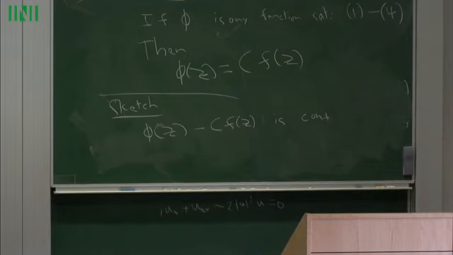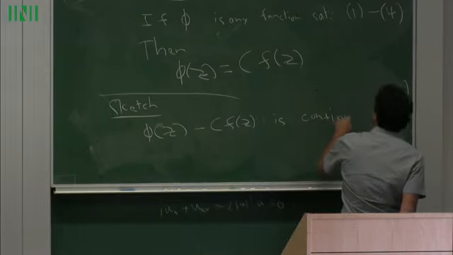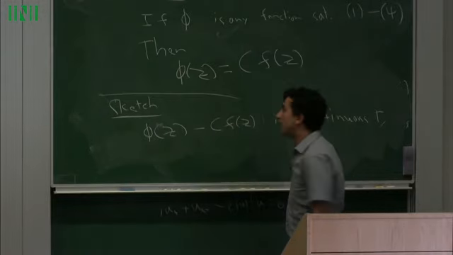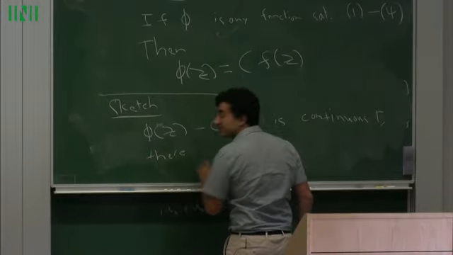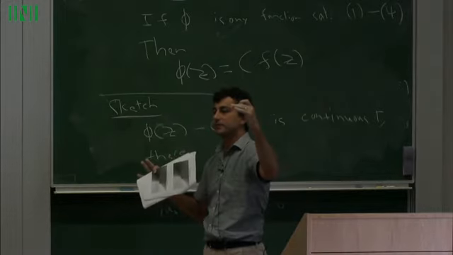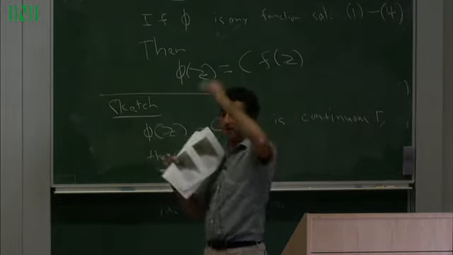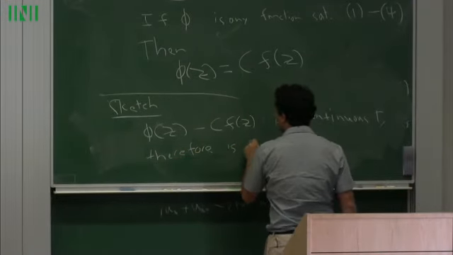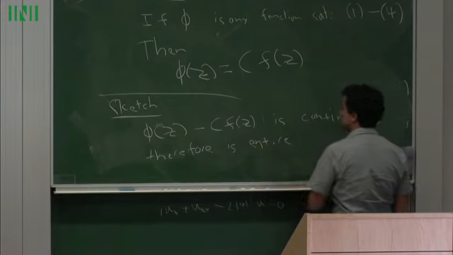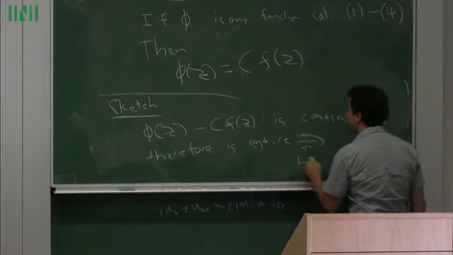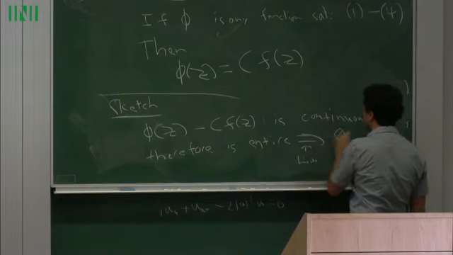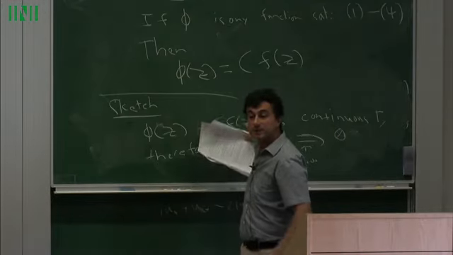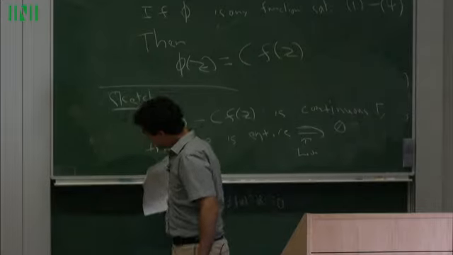That means this is continuous on gamma, analytic off gamma, bounded at infinity, and the only way you can have a function that's continuous on a contour and analytic near that contour is if it's analytic on the contour itself. So therefore it's entire, and Liouville's theorem implies that it's 0. So the difference between these is 0. That means the Cauchy transform has to be phi.